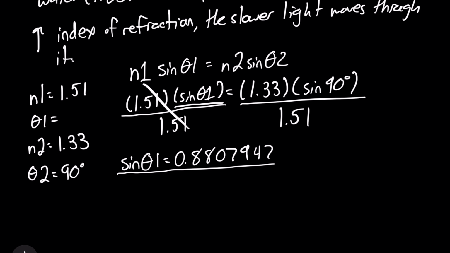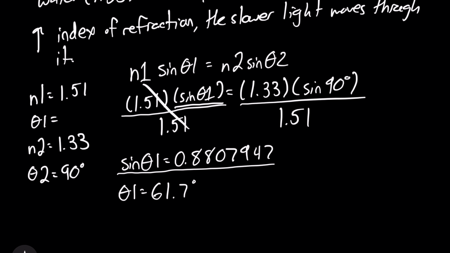And all we have to do with this number, remember back from our Snell's law video, is take the inverse sine of this number to get our angle here. And you get a theta 1 of 61.7 degrees.